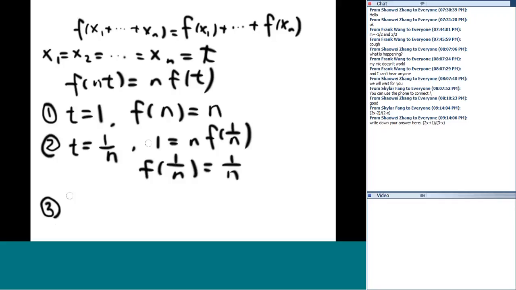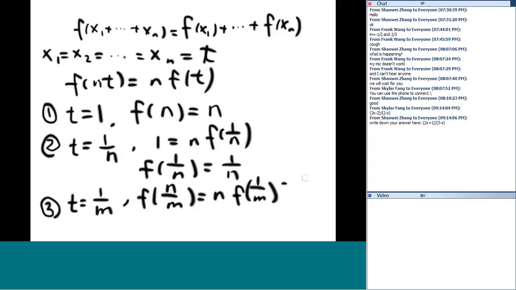So if we let t equal 1 over m, then you get f(n/m) equals n times f(1/m). But we already got f(1/m) equals 1/m, so that's it.